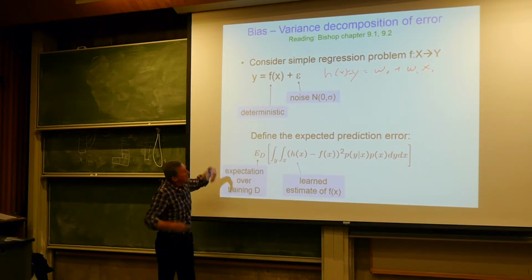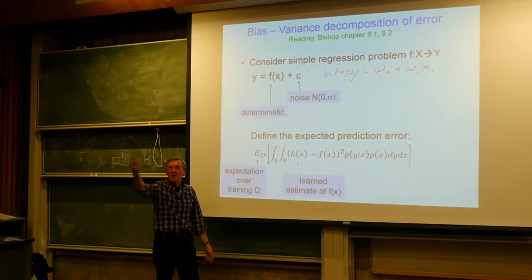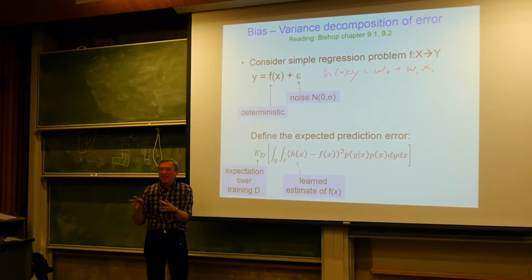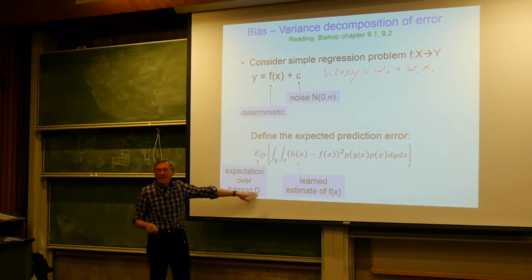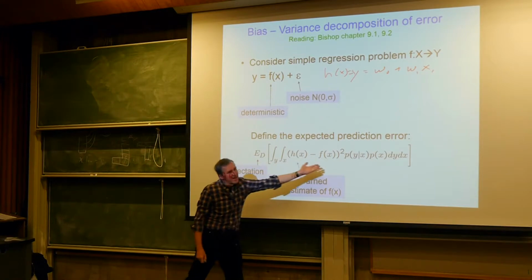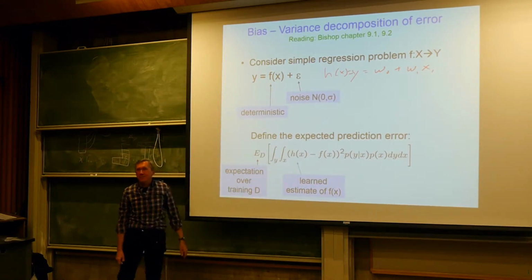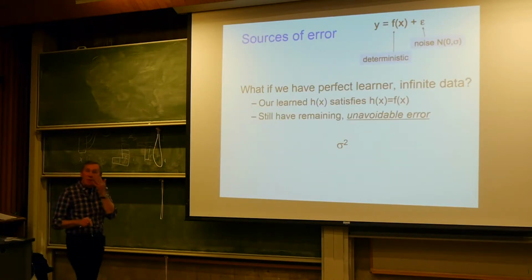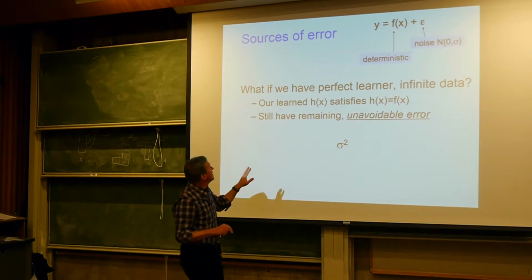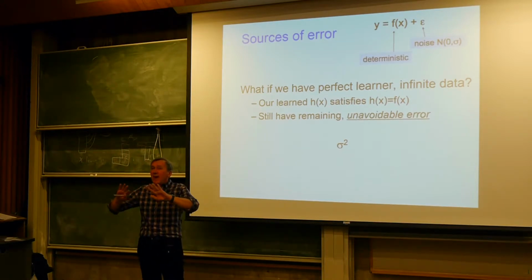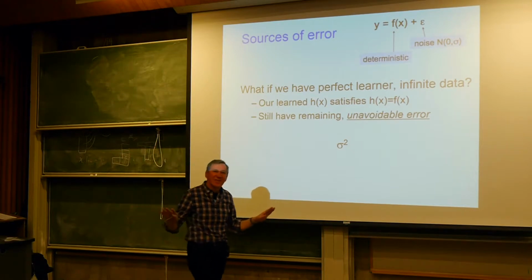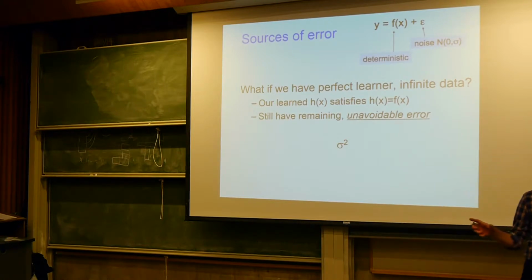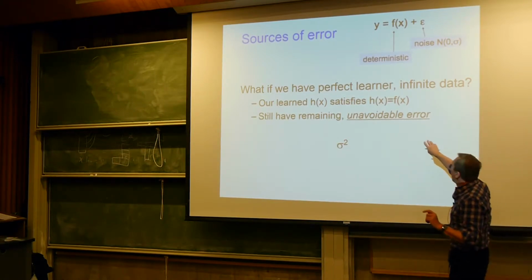So if I say, what's the expected prediction error I'm going to get for a randomly drawn x that I'm predicting after I train on a randomly drawn training sample D of a particular size, then here's the expression that defines that. And it turns out, we won't go through the arithmetic here, but starting with that expression, we can factor it into the sum of 3 terms, which will look strikingly like the square of the bias, the variance, and something that I'll call the unavoidable error.